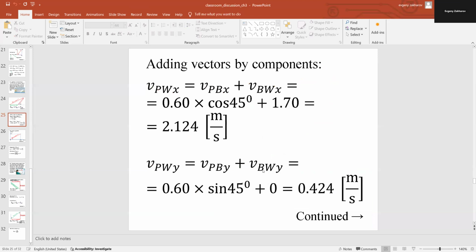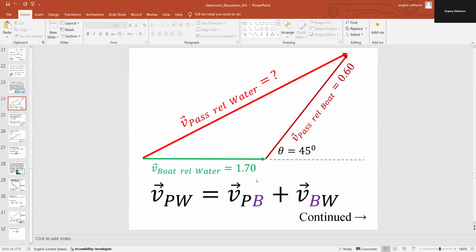And what do you say for BW? BW is all horizontal. So what's the component of BW onto y-axis? See how this vector is perpendicular to y-axis. And the rule is every time some vector is perpendicular to a certain axis, that component on that axis is 0.